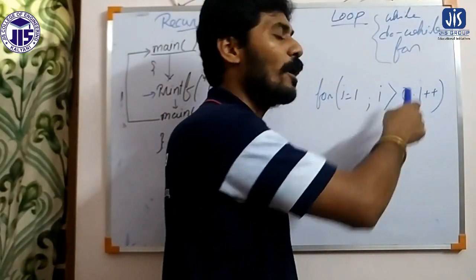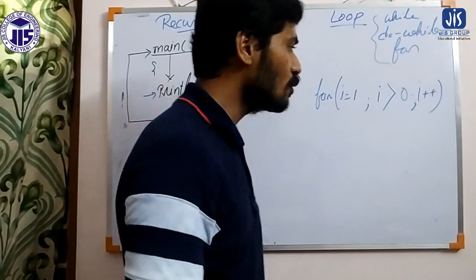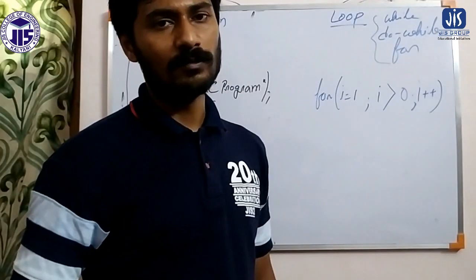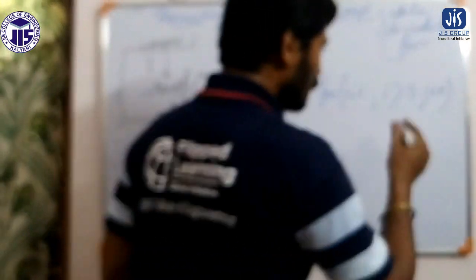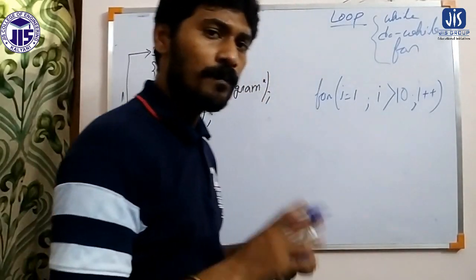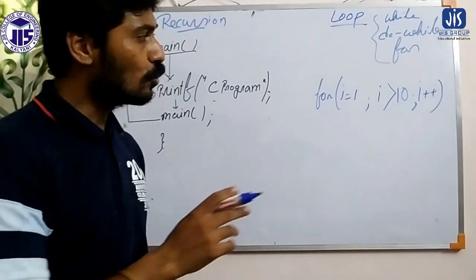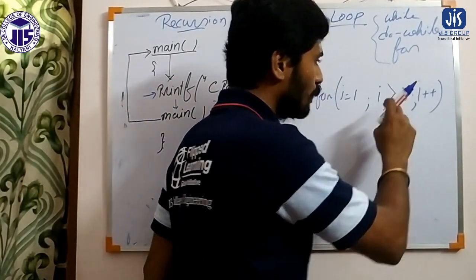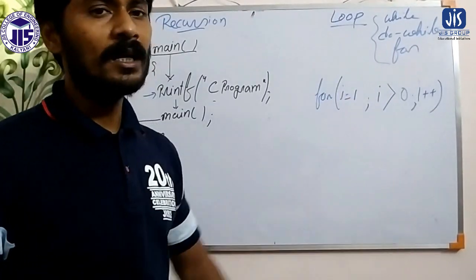So always the value of i will be greater than 0, and it will also lead to an infinite loop. If I write 10 instead of 0, then it will be a finite loop. So that means if the condition is not defined properly, it may lead to an infinite loop.